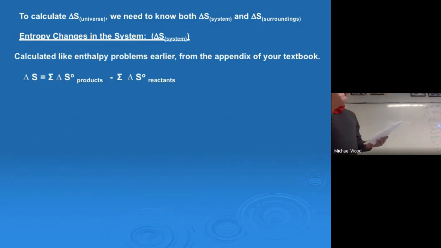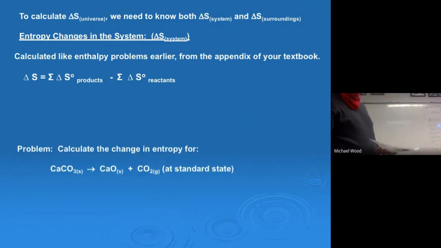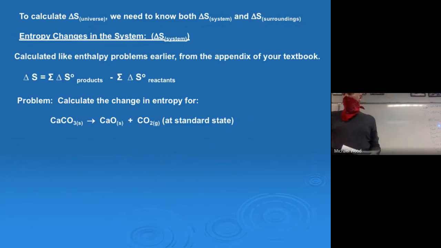We'll review the delta H, which we did in chapter 6 back in the fall, and we'll do delta G. So this equation is definitely on our quiz. It's definitely going to be on the Princeton Review, and it's going to be on the mock test or on the AP test. I would think somewhere.